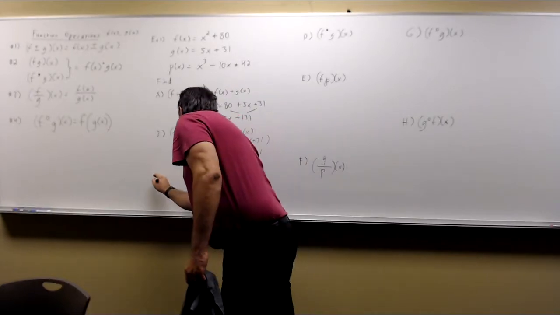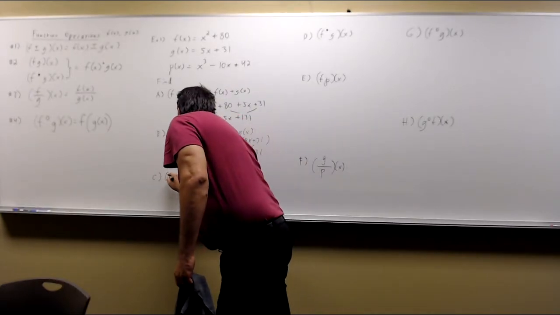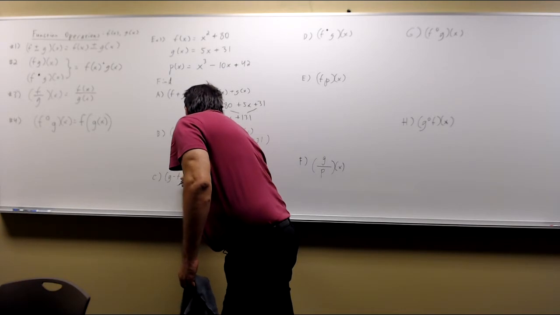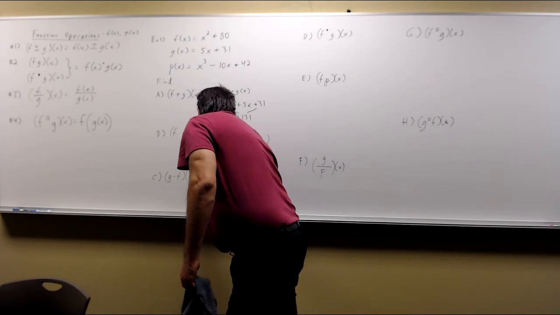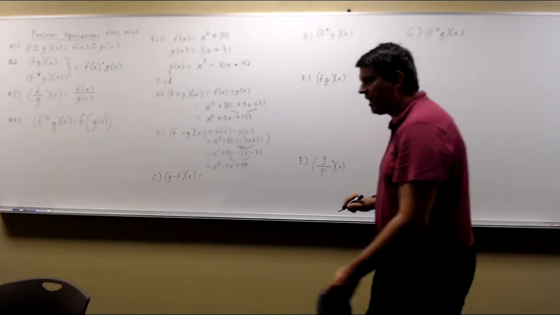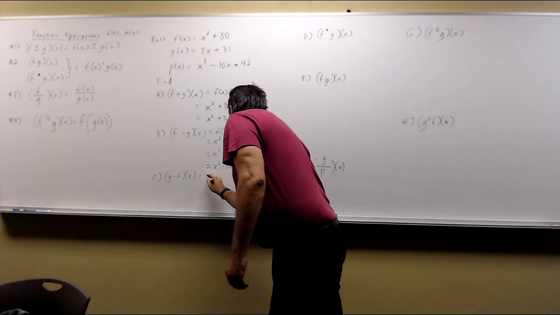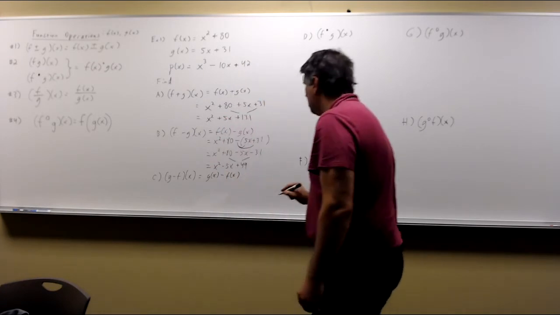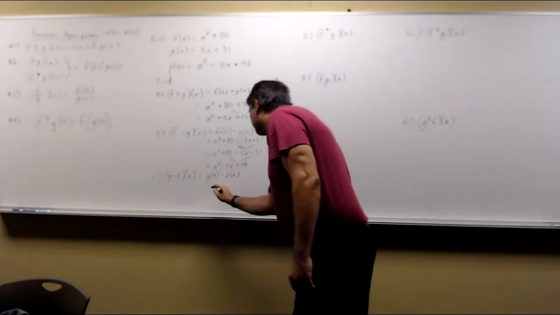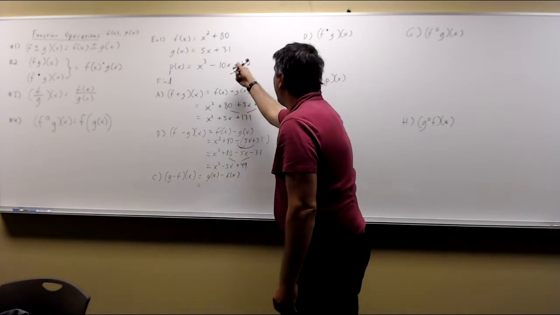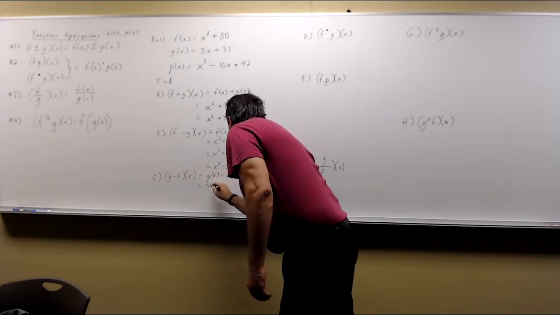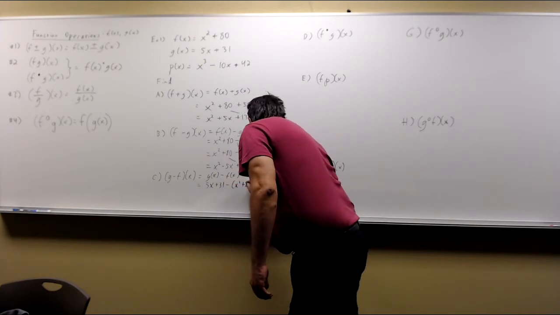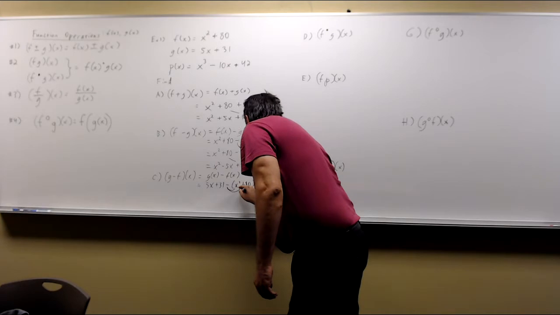Okay, C was g minus f of x. So what you're going to have to do is a subtraction in the reverse order. G of x minus f of x, which is going to give me 5x plus 31 minus x squared plus 80, distribute.